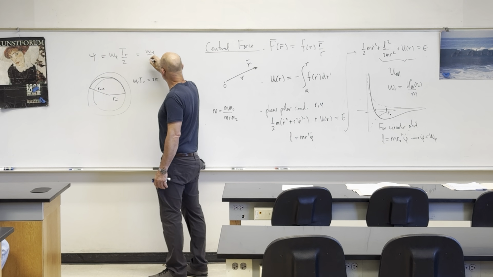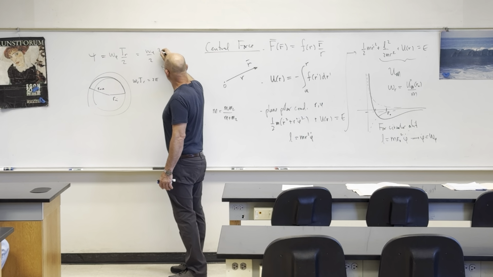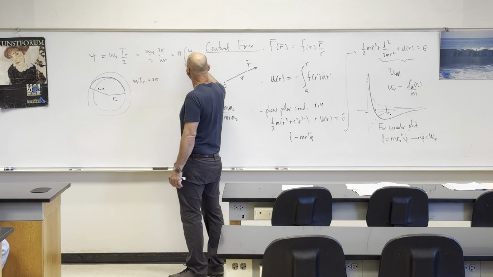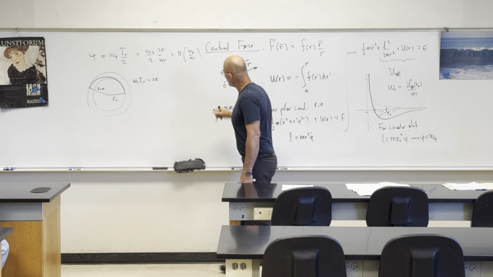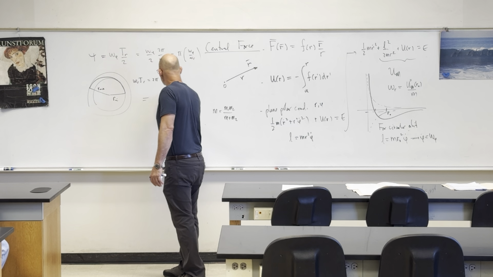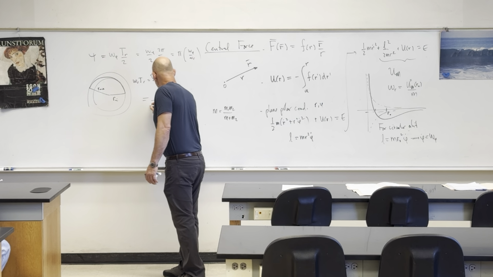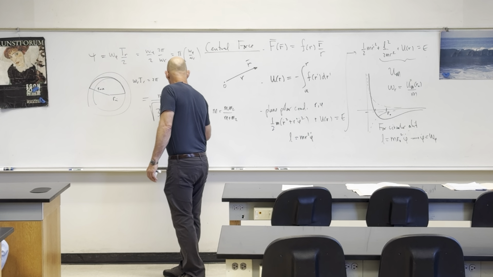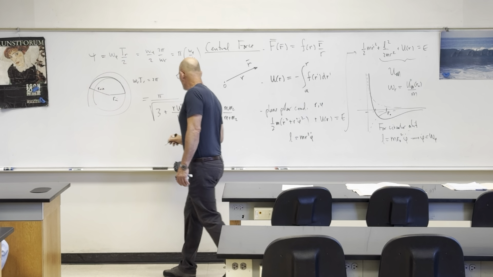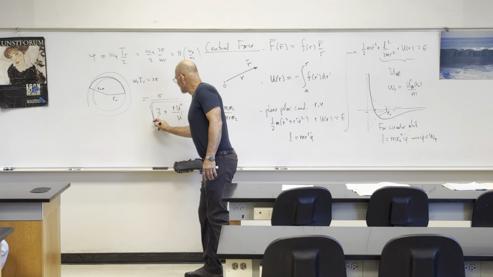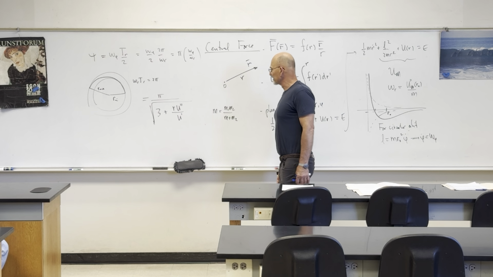You've got omega sub phi over 2, your T sub R is 2 pi over omega sub R. So that's where we got this pi times omega sub phi over omega sub R. We didn't stop there. We did the principal calculation on this whole thing, and that turned into 3 plus r u double prime over u prime, evaluated at the circular orbit, at the radius of the circular orbit.